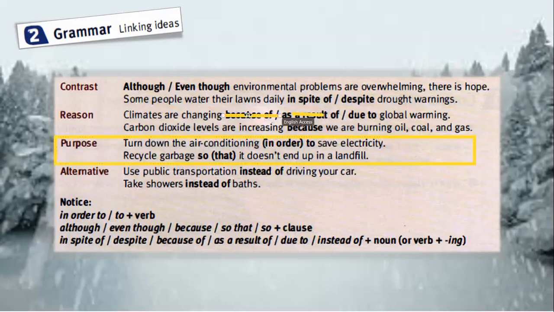Now let's move on with Eduardo, please. Turn down the air conditioning in order to save electricity. Or turn down the air conditioning to save electricity. Perfect. The following one, please. Recycle garbage so that it doesn't end up in a landfill.